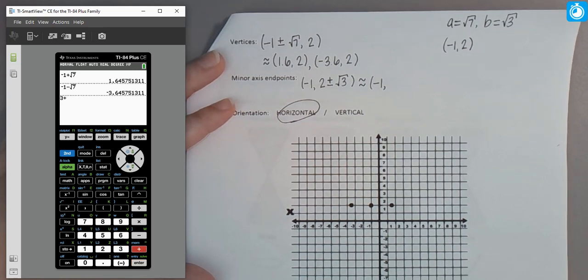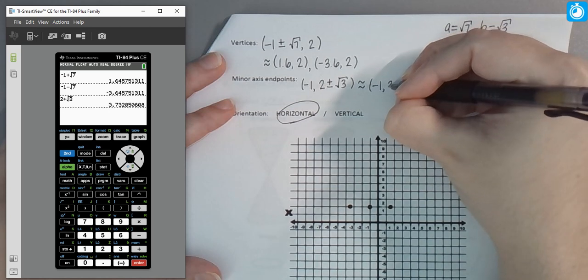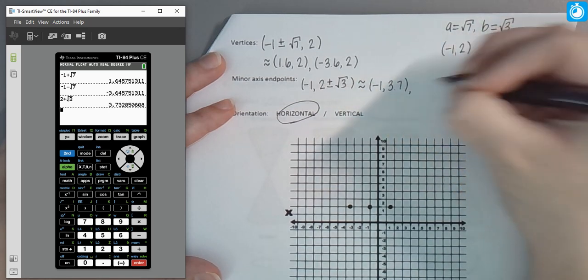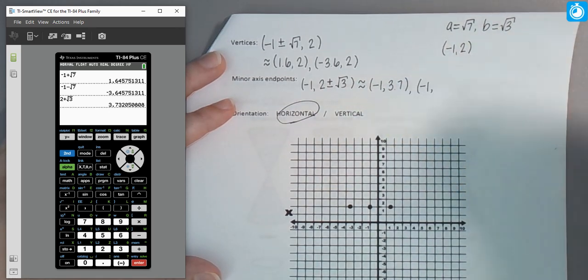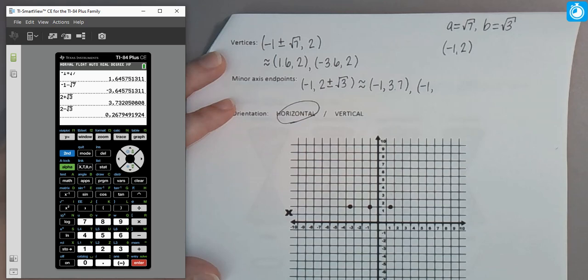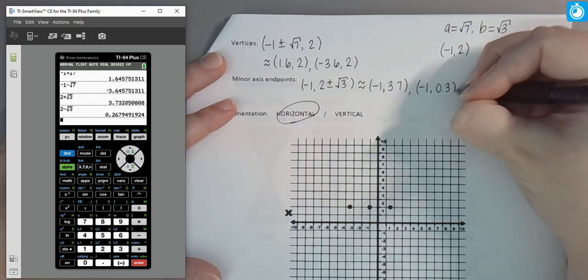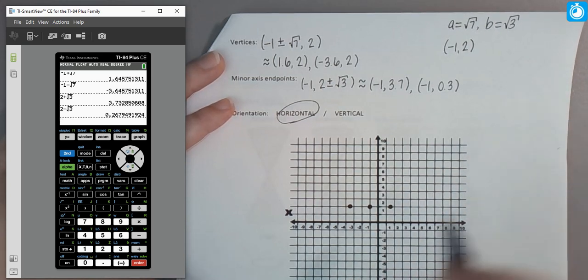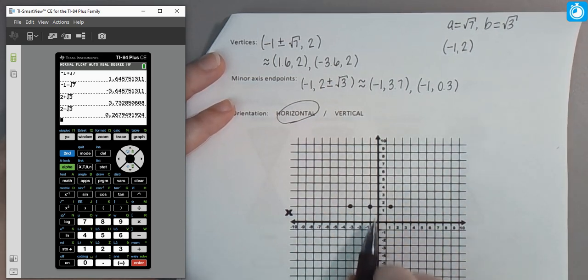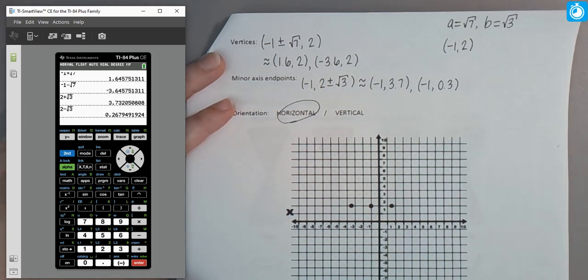So 2 plus the square root of 3 is going to be about 3.7. And then 2 minus the square root of 3 is going to be about 0.3. We'll call it that. And again, notice they have the same x-coordinate because they're in line with the center vertically speaking.